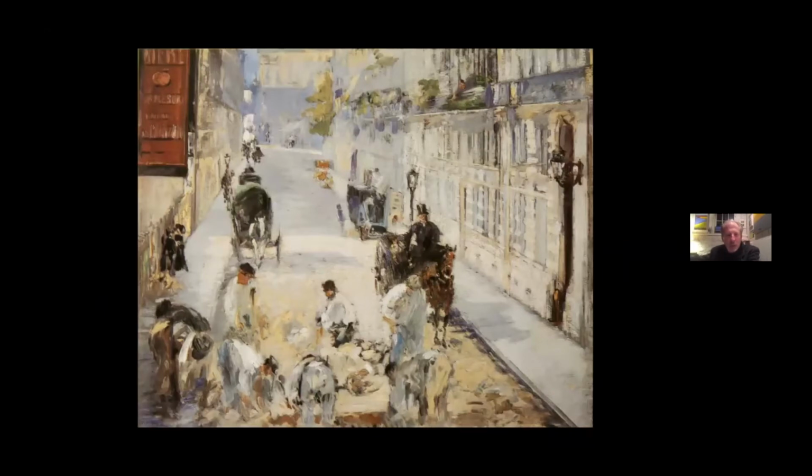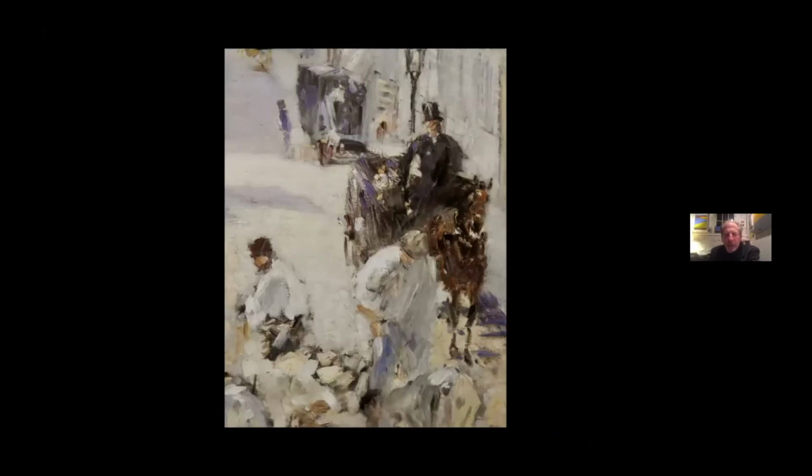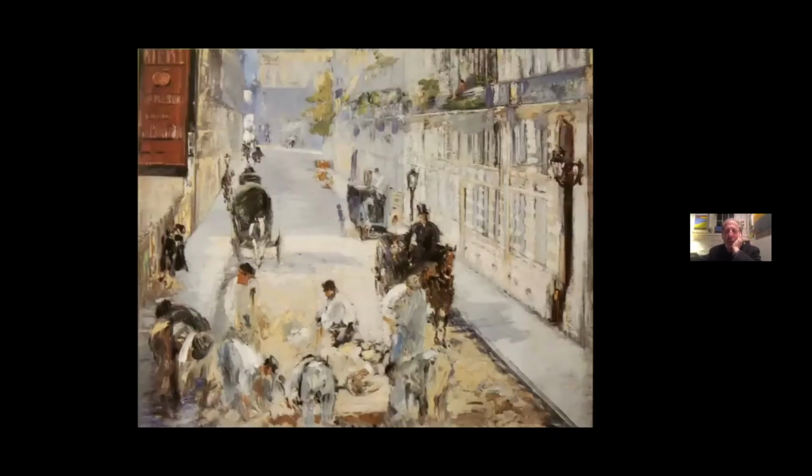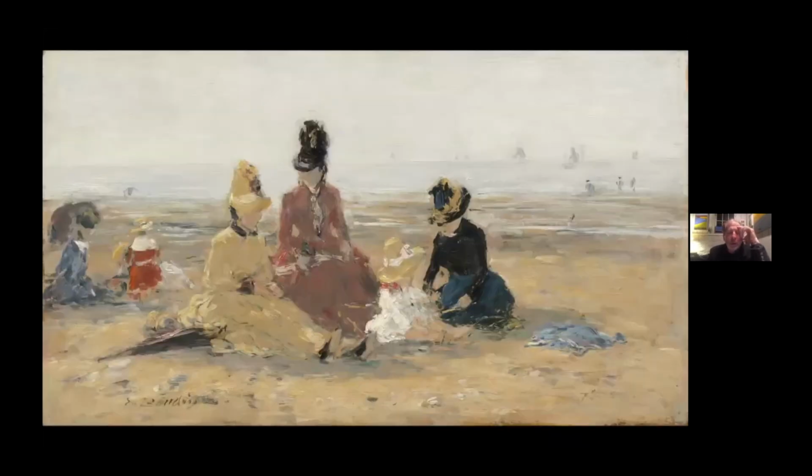You could see that when he was painting from life, this is an action painting. This is a sort of de Kooning-like brushwork. Absolutely no interest in detail or in illusion or subterfuge. It's only the whole painting that he's interested in.